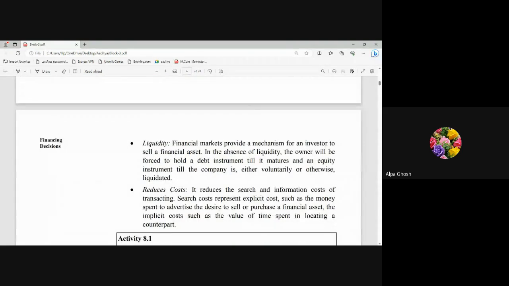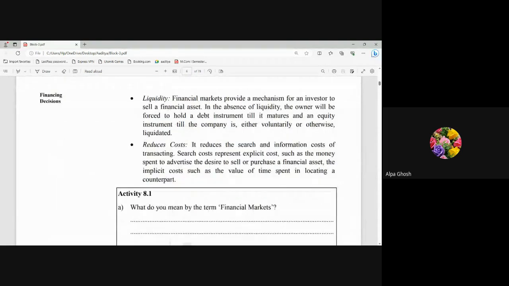Liquidity already discussed, and reduced cost. If we have more buyers and sellers, we are informed about the transaction cost. We know how the money has to be circulated, how to purchase the financial asset. This all helps us in reducing the cost.